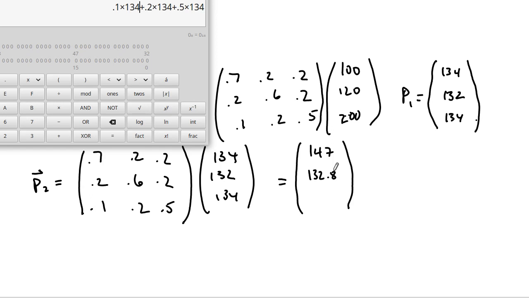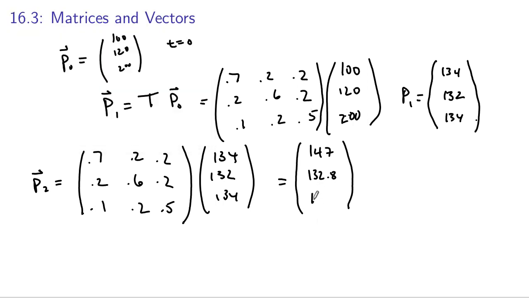And I got too many 134s. The second row of the vector is 132, so it needs to be 132. It's 106.8. And so that shows us how we can get P2.